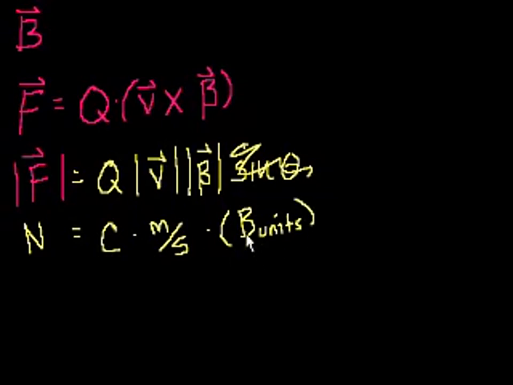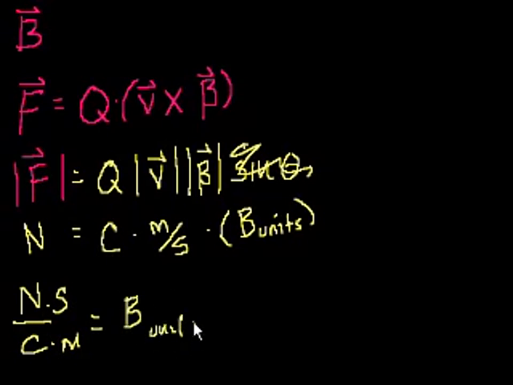We could call them unit sub B. So let's see, if we divide both sides by coulombs and meters per second, we get newtons per coulomb, and then if we divide by meters per second, that's the same thing as multiplying by seconds per meter, equals the magnetic field units. So the magnetic field in SI terms is defined as newton seconds per coulomb meter.